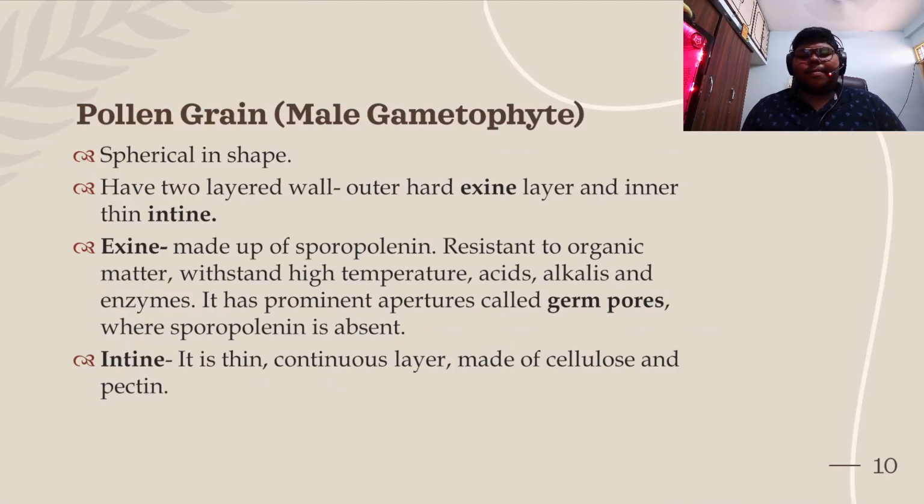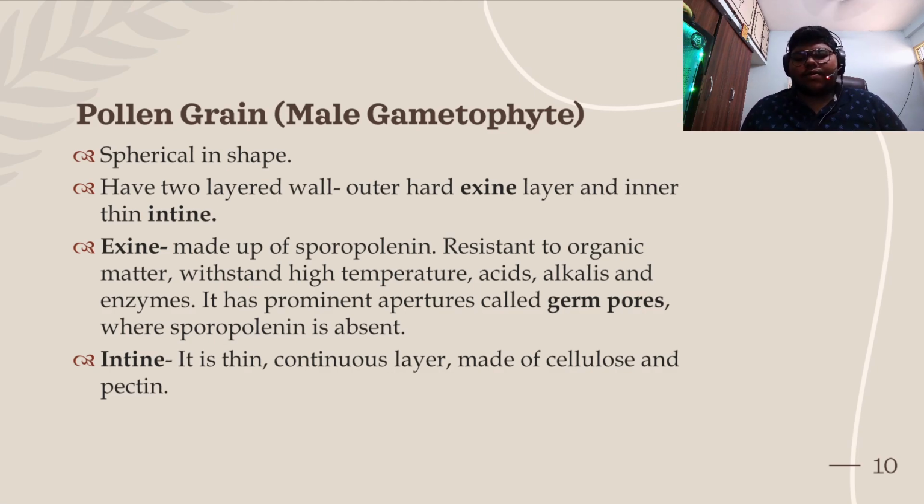Pollen grain, male gametophyte, spherical in shape, has two-layered wall, outer hard exine layer, inner thin intine. Exine is made up of sporopollenin, resistant to organic matter, withstands high temperature, acid, alkalies, and enzymes.